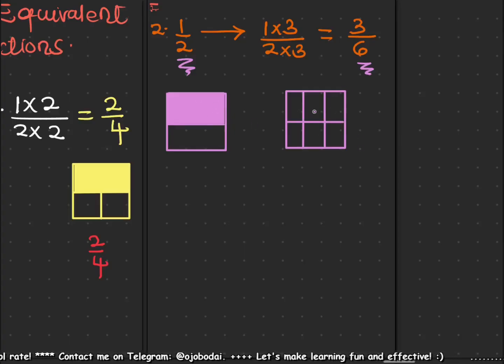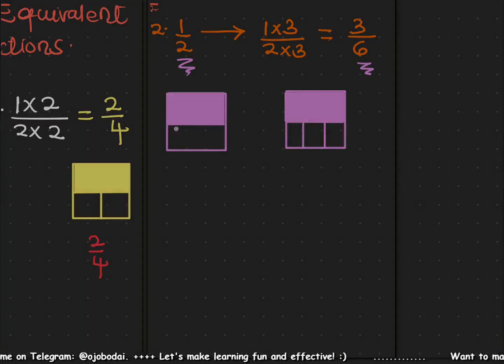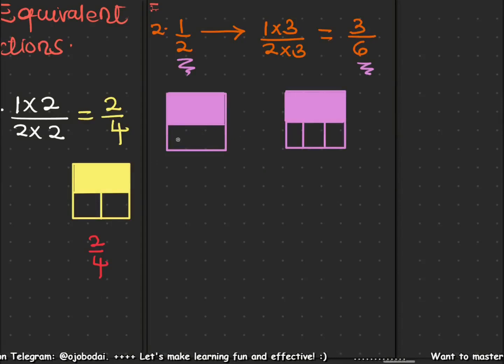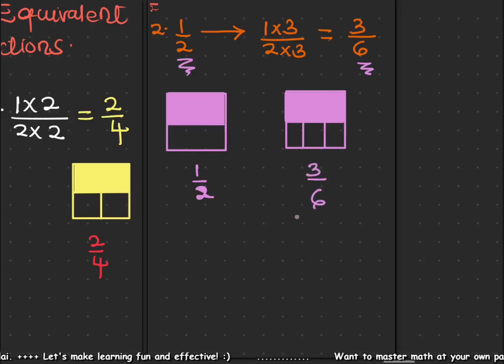Then for the second one, we are taking 1, 2, 3 out of the 6 portions. And as we can see, they actually look the same. So this first one here is going to be our 1 over 2, and this, on the other hand, is going to be what? The 3 over 6. And they look the same.